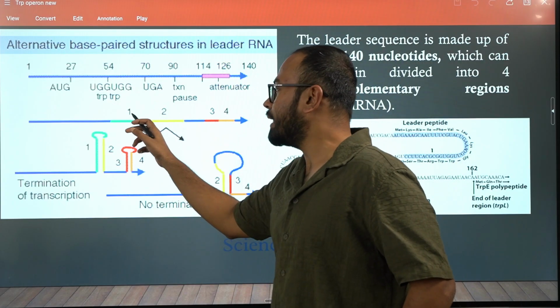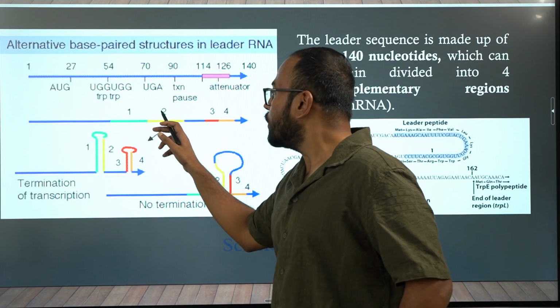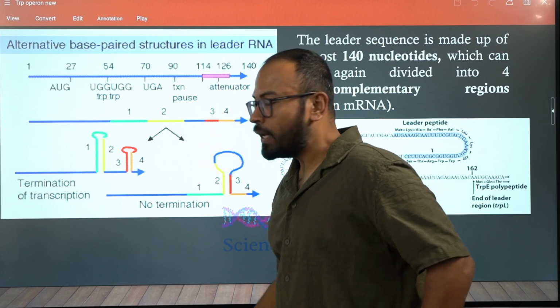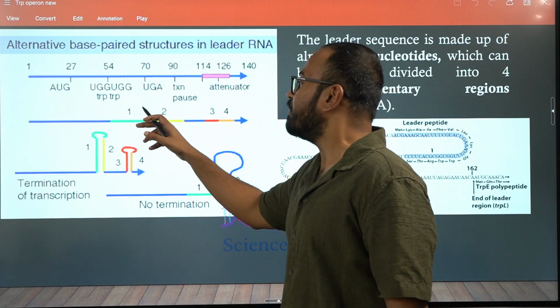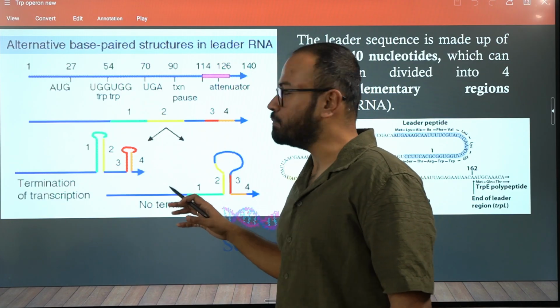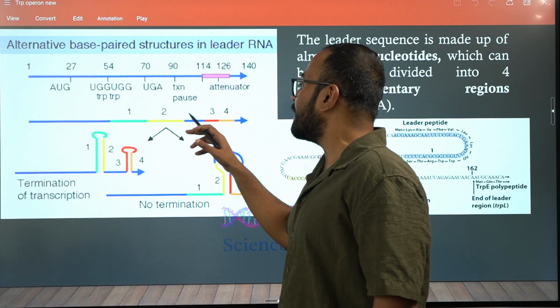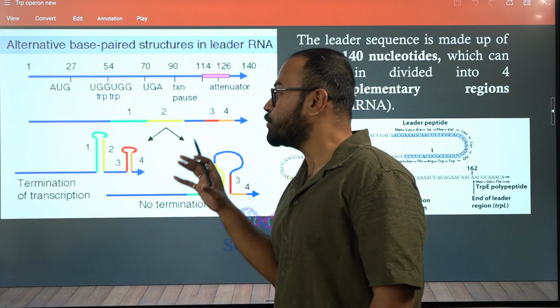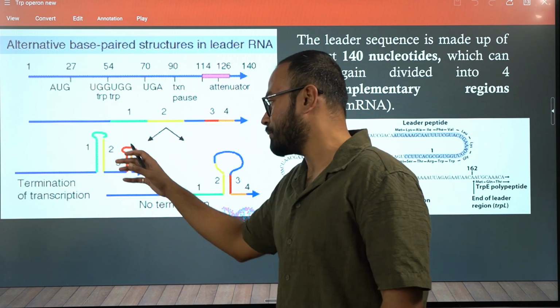That means 1 can pair with 2, 2 can pair with 3, and 3 can even pair with 4. But the pairing between 1 and 2 shows the maximum amount of hydrogen bonds, and the pairing between 3 and 4 also shows the maximum amount of hydrogen bonds. So these two pairings are very strong, as you can see in the figure.